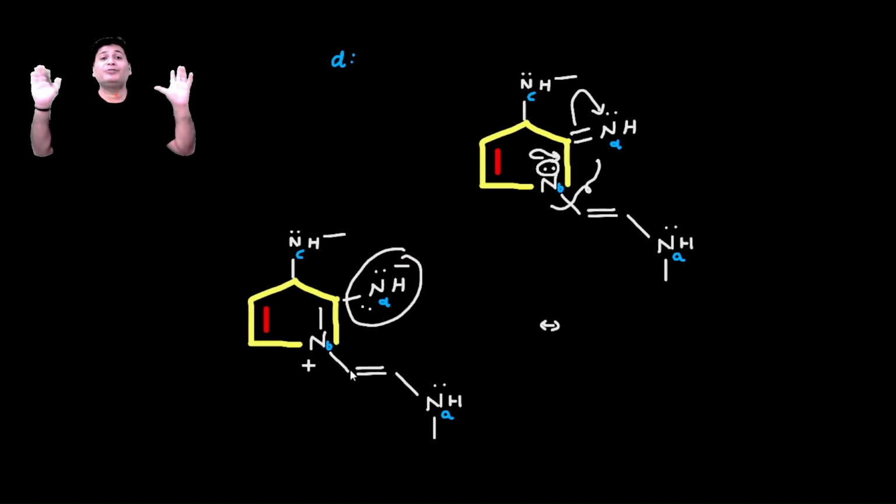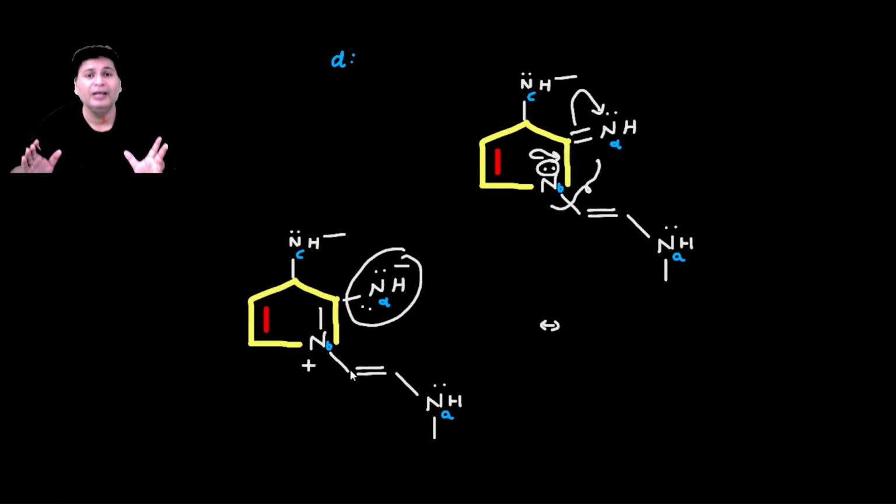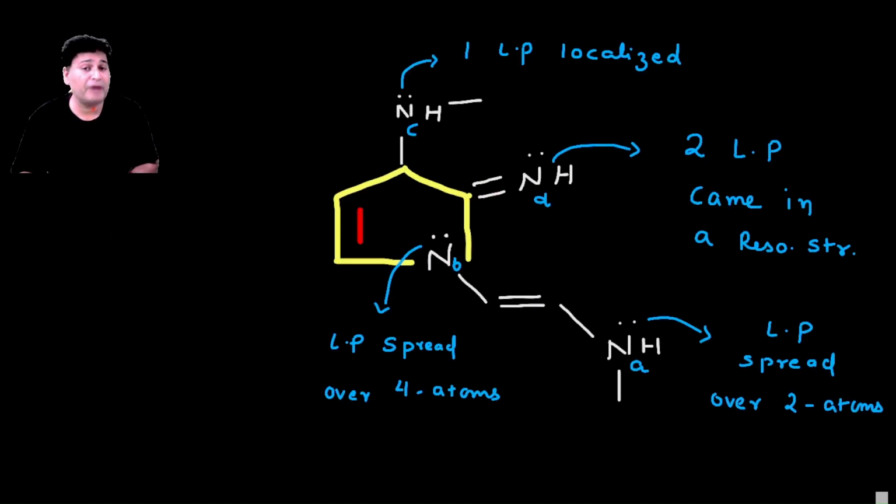So H plus will be the happiest while seeking electrons from the nitrogen number D, because this is where it gets lots of electrons. Because of this, nitrogen number B comes into a very important role. So after looking over all these situations, you come to a conclusion which I have concluded in the final slide.